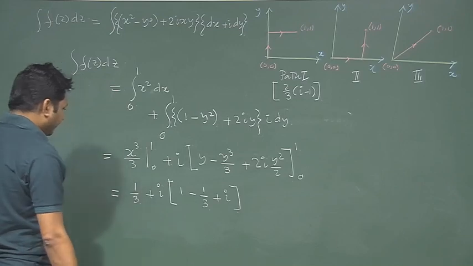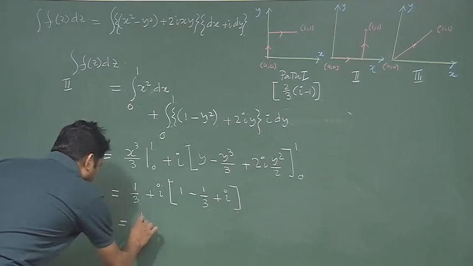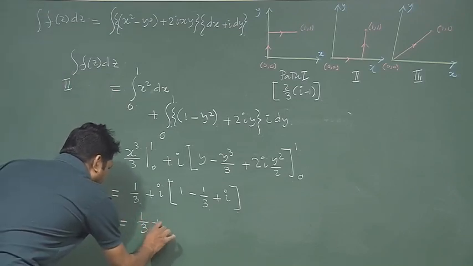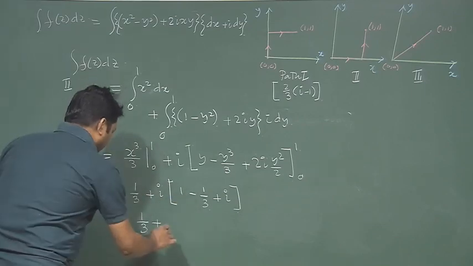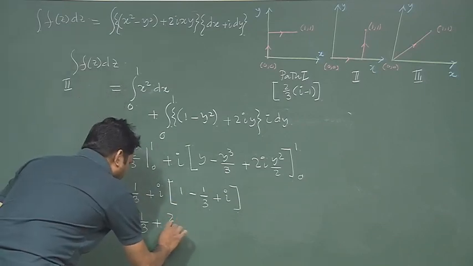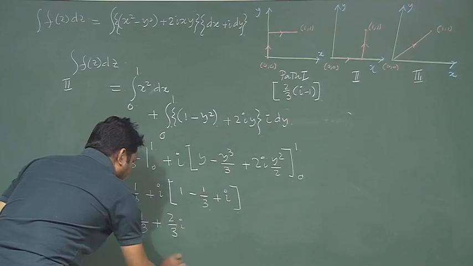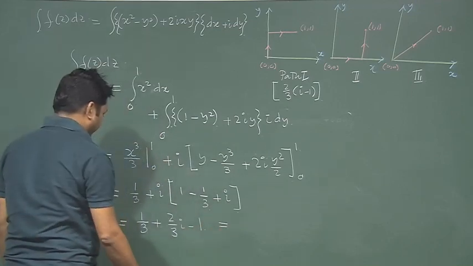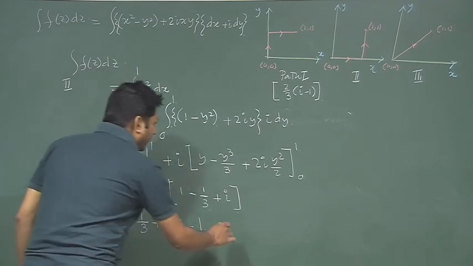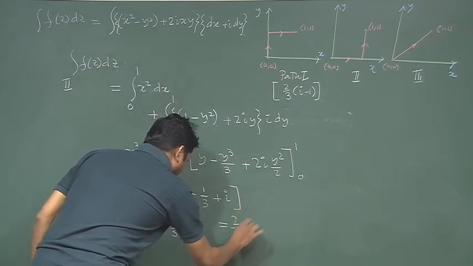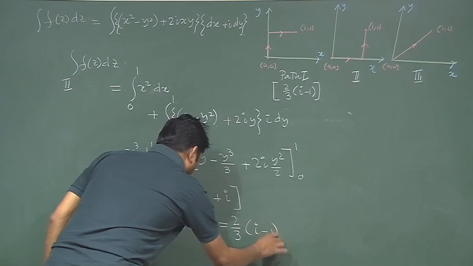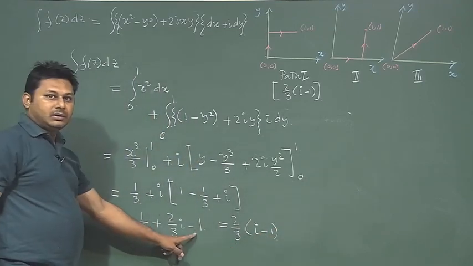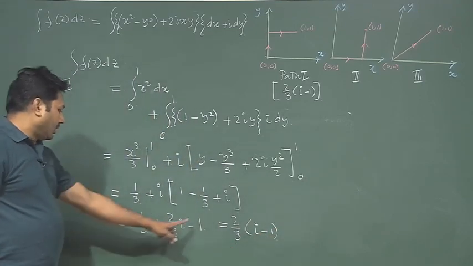This quantity, if I evaluate, it is 1 by 3 plus 2 by 3 i minus 1, which is equal to 2 by 3 i minus 1. 1 by 3 minus 1 gives you minus 2 by 3.